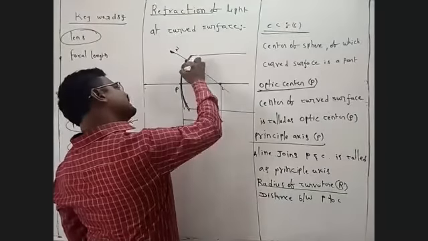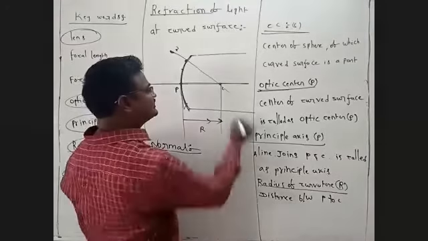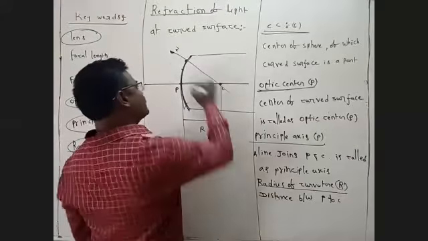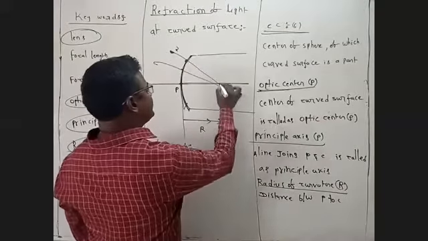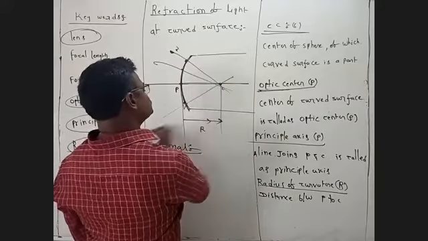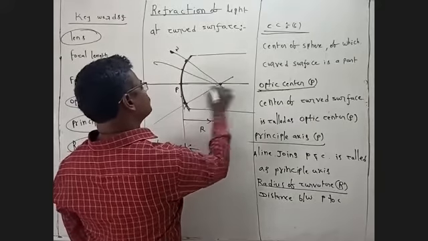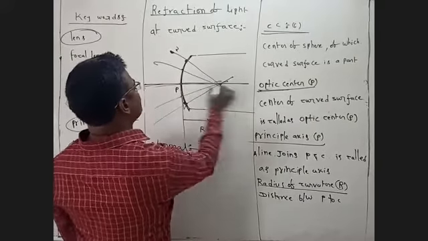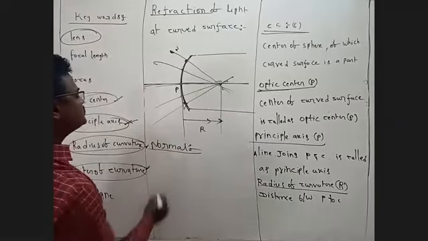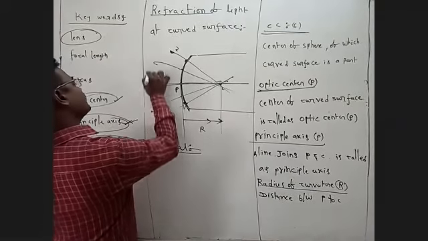Take any other point on the curved surface, join it with the center of curvature. This is also a normal line.